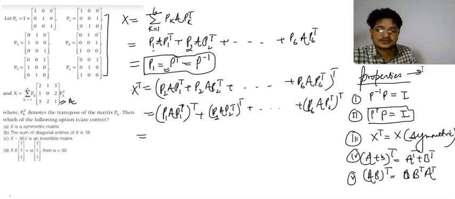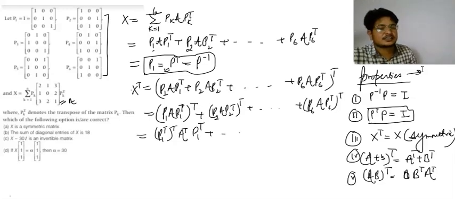So I will write this as P1 transpose whole transpose, A transpose, and P1 transpose. Similarly for P6 we can write P6 transpose whole transpose, A transpose, P6 transpose.